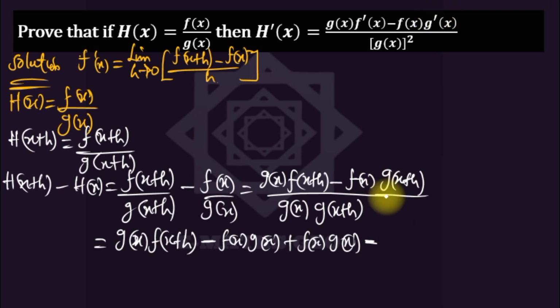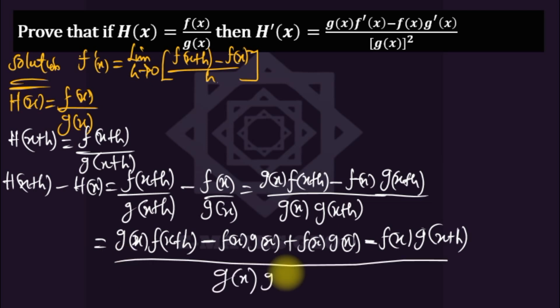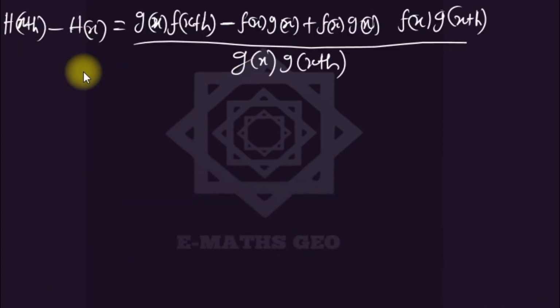So we'll repeat this, which is f of x times g of x plus h, all over g of x times g of x plus h. Let's move to the other page. Okay. So we can factor, as you can see, we have g of x.